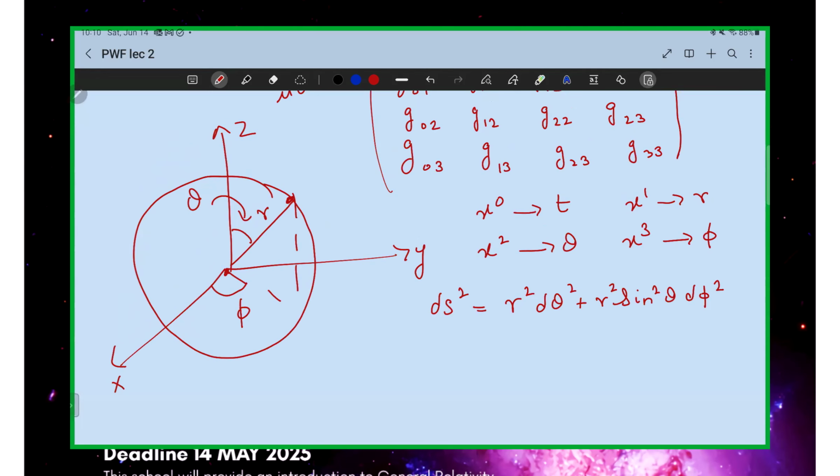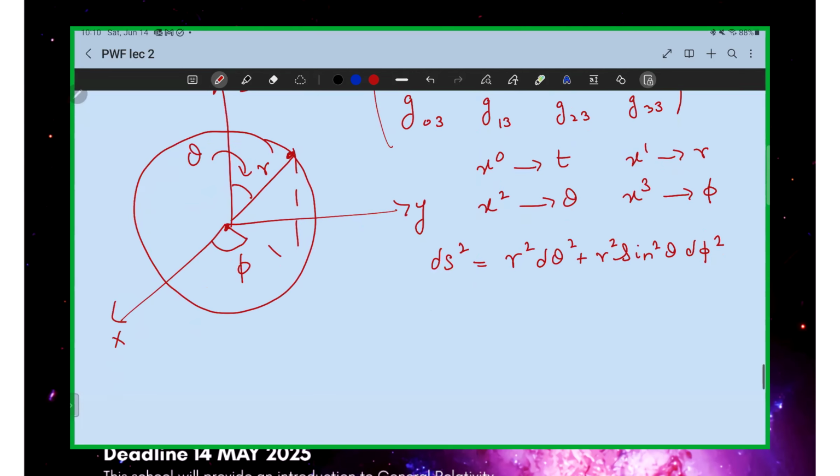This is the metric tensor on a sphere. This tells you what is the distance traveled if you just change theta, so only this angle. This distance is just r squared, d theta squared. And that's why this entry is here.